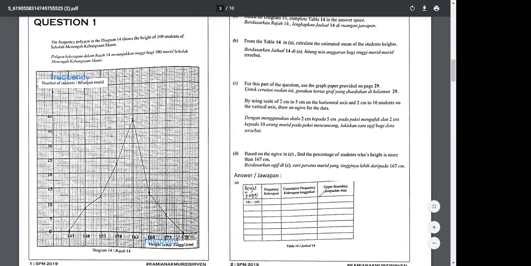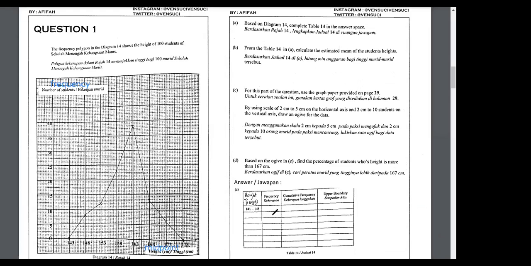So the second one we can see is 8. So the cumulative frequency must be 8 because it's the first one plus second one. But the first one is already known to be 0. So it's 0 plus 8 equals to 8. So usually the first one, second one is easy.